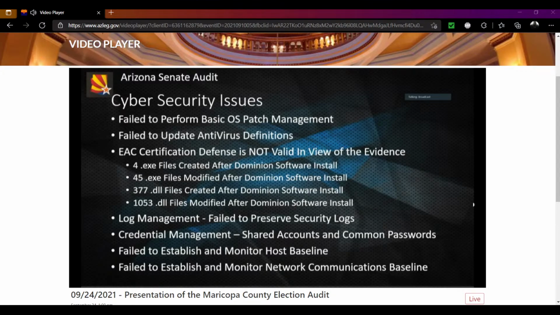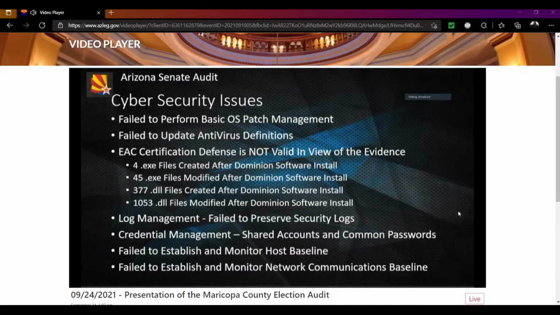We found that that was also the same case with the antivirus definitions. So we know, as part of this world that we live in, that people are coming up with new ways to hack a system, to exploit vulnerabilities and get unauthorized access to the systems. And they're doing this continually.